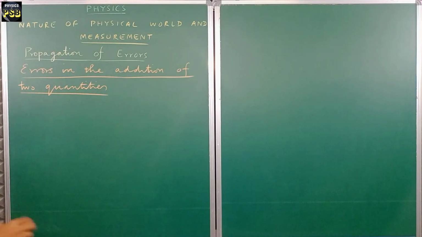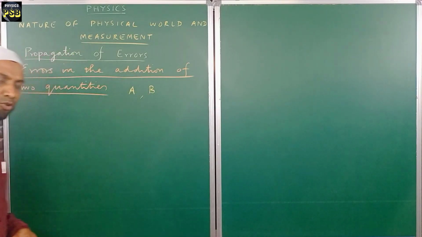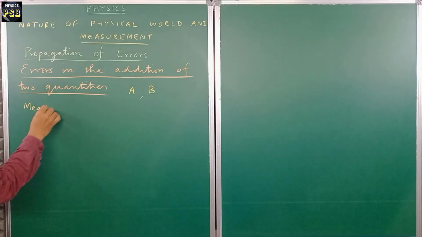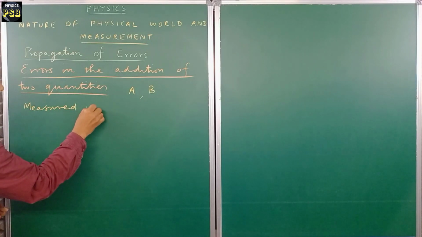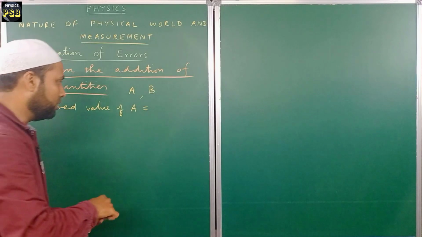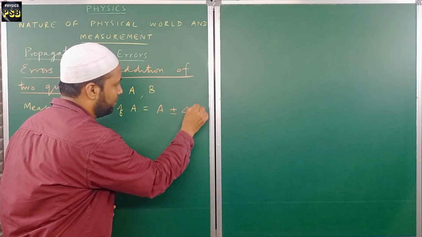Now here I consider A and B as two quantities which are added together to get the final result. Now first I take a measured value. Measured value of A is found to be A plus or minus delta A.